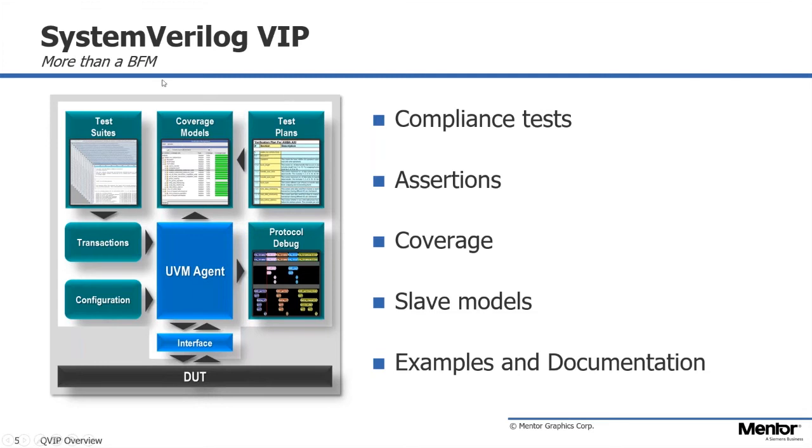We also use that test plan to model creating a full set of sequences that can do, as I said, a full compliance test on that protocol. As a user, you probably don't care about doing a compliance test. You probably trust that the piece of IP, the PCIe controller that you're using, is meeting the specification.